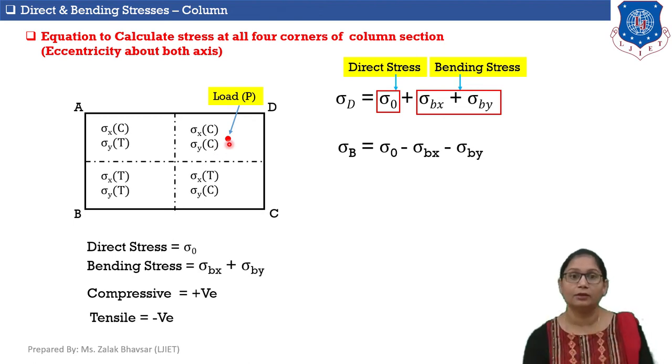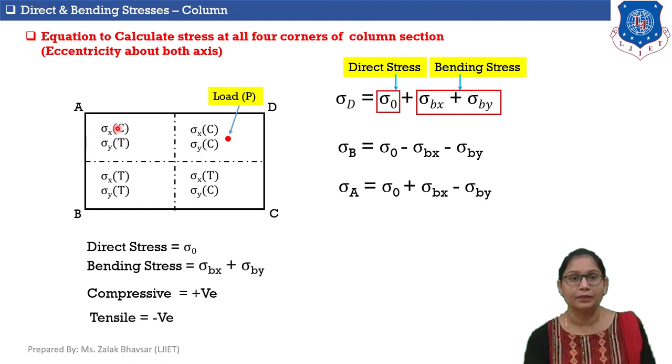And we are considering all tensile bending stress as negative. So I am considering sigma bx and sigma by in this third quadrant as negative. So here is the final equation of stress at B: sigma B is equal to sigma 0 minus sigma bx minus sigma by. Now let's move to corner A.